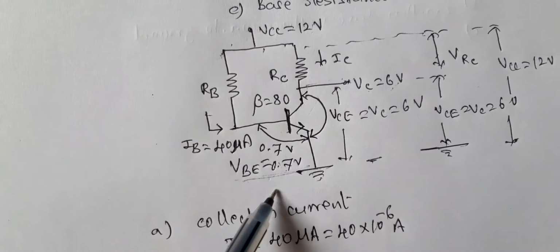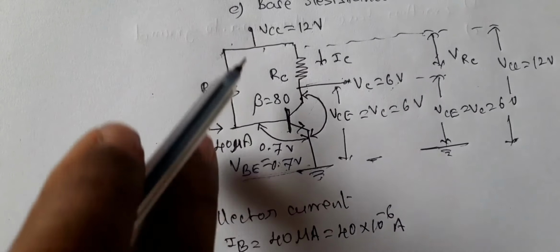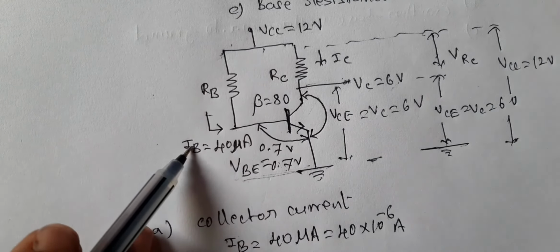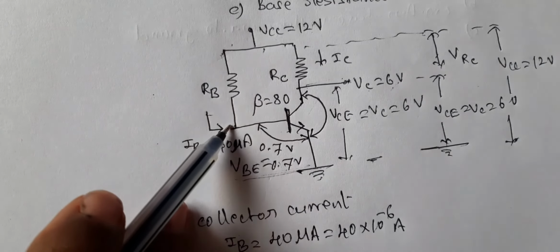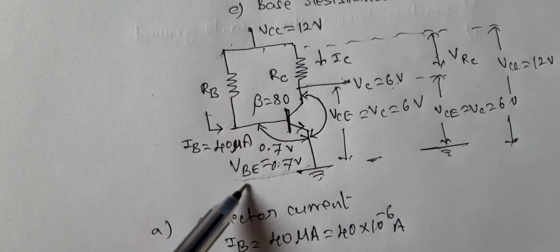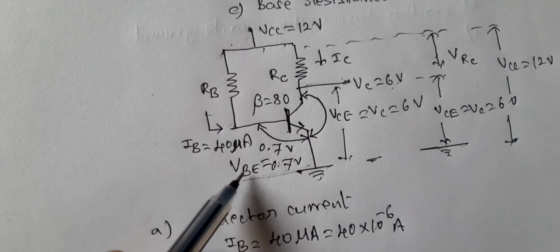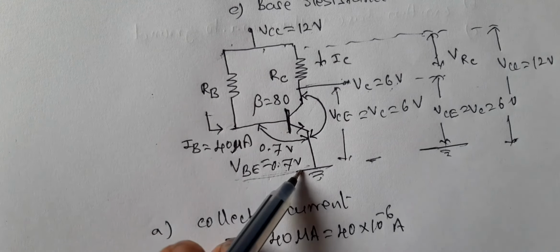From this circuit, VCC equals the voltage drop IB RB, current into resistance, plus the voltage between base and emitter, that is VBE. Therefore, from the left side of the circuit, we get VCC is equal to IB RB plus VBE.